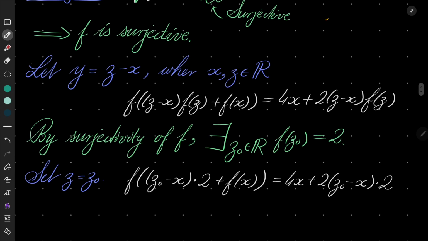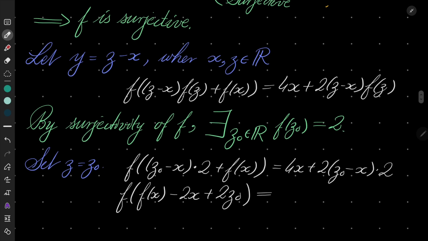Okay, and now let's simplify our equation. So we have f of x minus 2 times x plus 2 times z0 equals, and now we see why I have chosen f of z0 equals 2, because now on the right-hand side we eliminate the variable x.